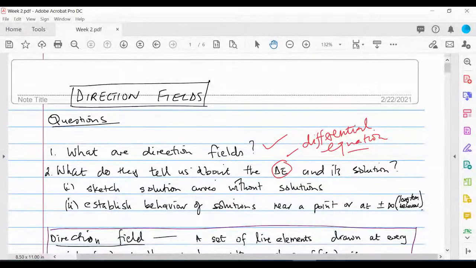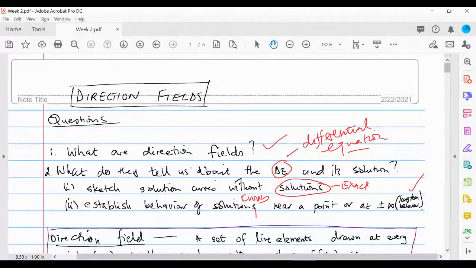Basically, can we sketch the solution curves of this problem without knowing the exact solutions? And if we can do that, can we also establish the behavior of these solution curves near a point or at plus or minus infinity, where we talk about the long-term behavior?